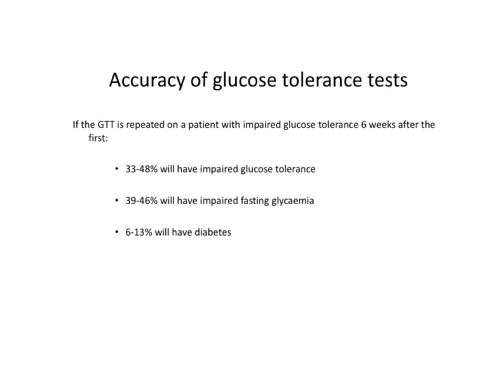But of more interest, in about 10%, the patient will actually be shown to have diabetes at the second test 6 weeks later. This is showing that really the gold standard glucose tolerance test is very poor when it's repeated, and its reproducibility is not great.